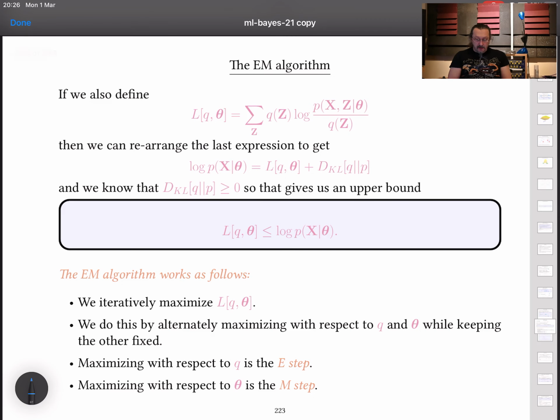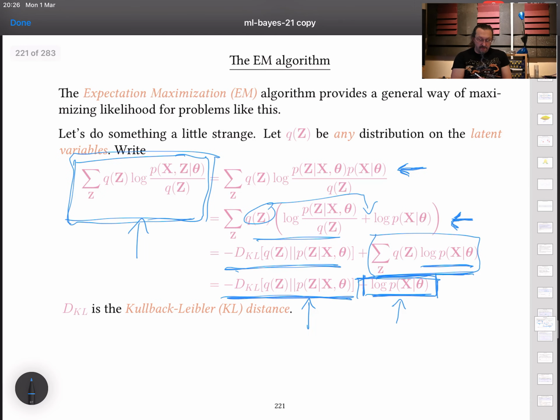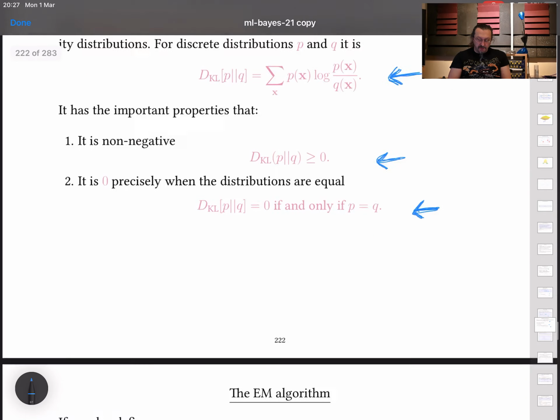So, what can we do with that? Well, I'm going to write the expression we started off with as L of Q and theta. That is the expression here. That's going to be the shorthand for that expression.